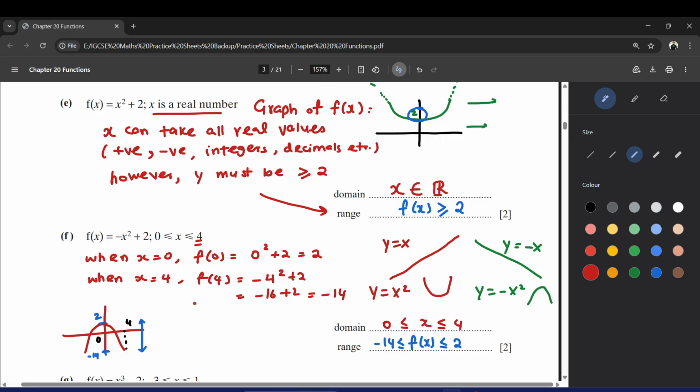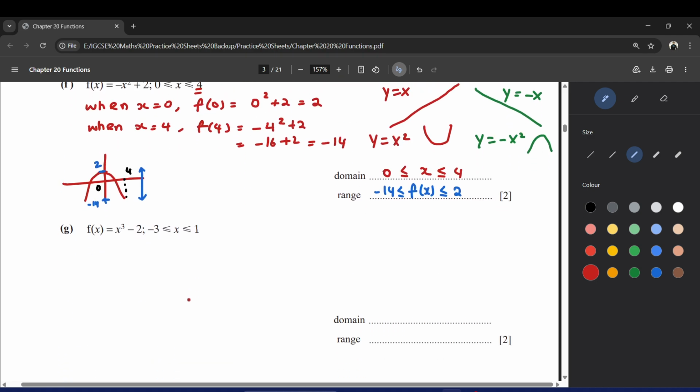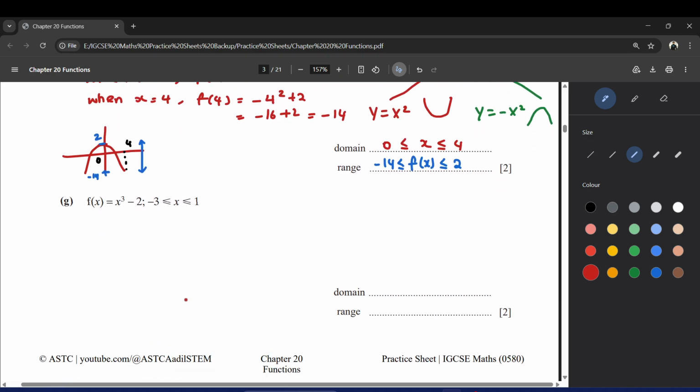All right, then the last one is part G. f of x equals x cubed minus 2. So over here, when x is equal to minus 3, f of minus 3 will be minus 3 whole cubed minus 2. So minus 3 whole cubed would be minus 27, minus 2 equals minus 29.